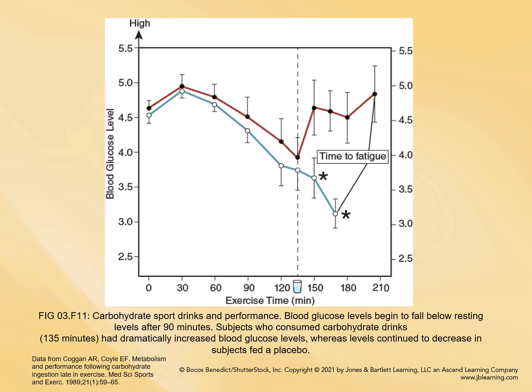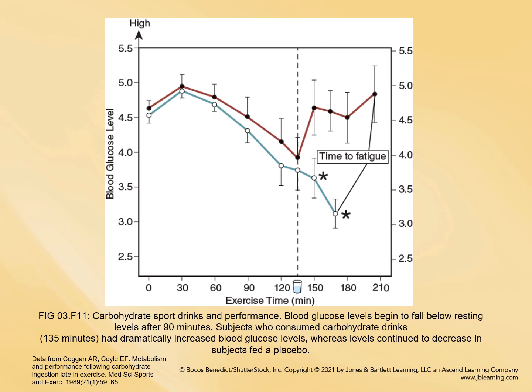So here we have our blood glucose level at the start of exercise. If it's red, an individual is consuming a beverage. If they are consuming simply water, that is the blue. You can see at a little over 2 hours, a person consumes that carbohydrate drink, and up the blood glucose level goes.